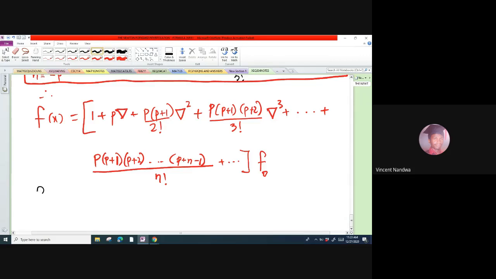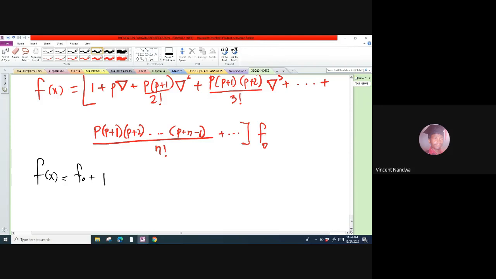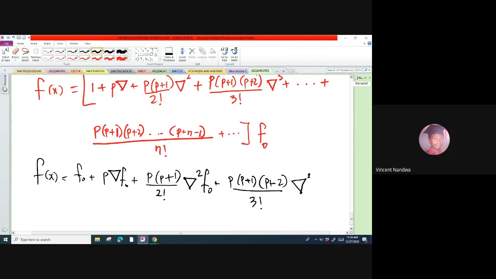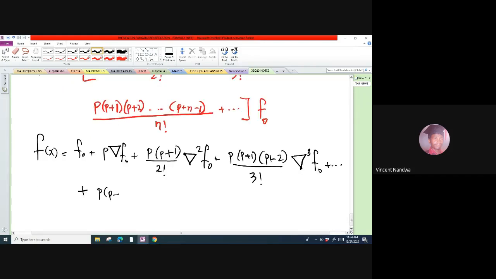And then on simplification, multiplying f naught by every term, we'll have f of x equals f naught plus p backward f naught, plus p into p plus 1 over 2 factorial backward squared f naught, plus p into p plus 1, p plus 2 over 3 factorial backward power 3 f naught, plus p into p plus 1, p plus 2, up to p plus n minus 1, over n factorial backward power n f naught, plus other several terms.